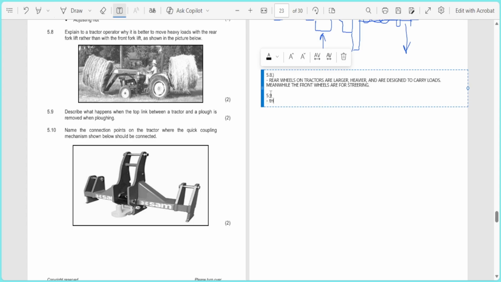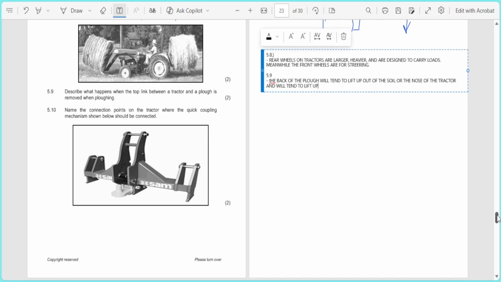We can say maybe the back of the plow will tend to lift up out of the soil, or the nose of the tractor will tend to lift up. Full stop.